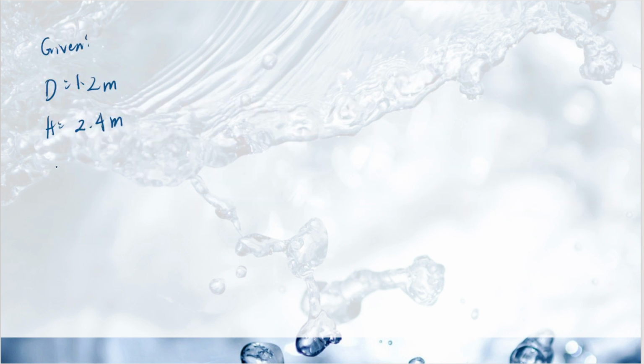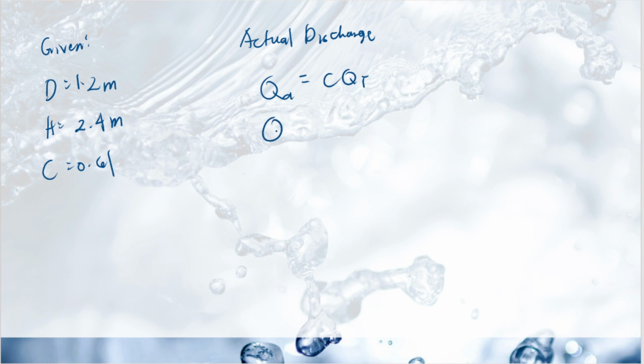So we could directly compute using the formula for the discharge. To solve, this is the actual discharge. Applying the coefficient of discharge, Q sub A, or Q, is C multiplied by Q sub T. So Q sub A is C multiplied by the area multiplied by the square root of 2gh, the theoretical velocity.